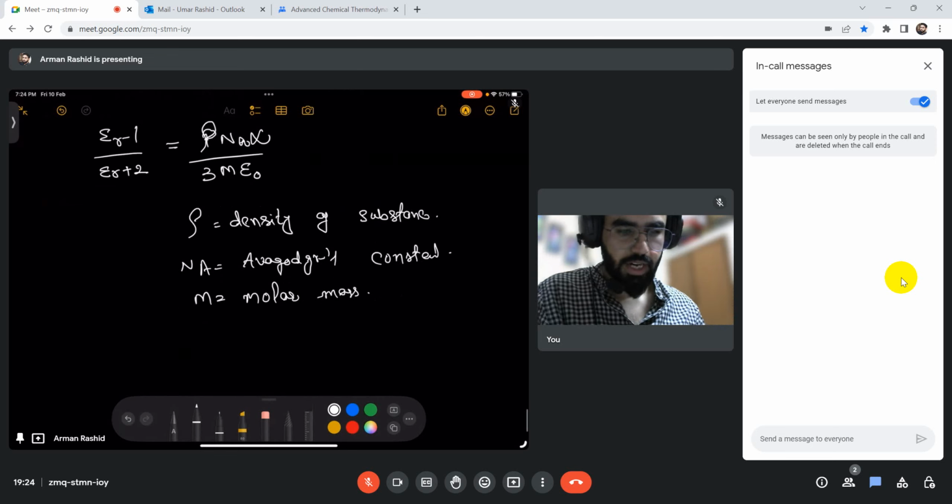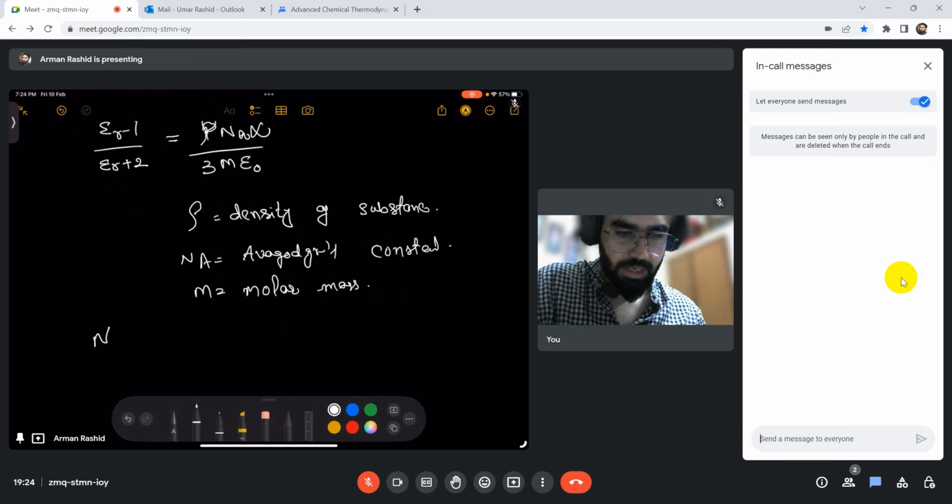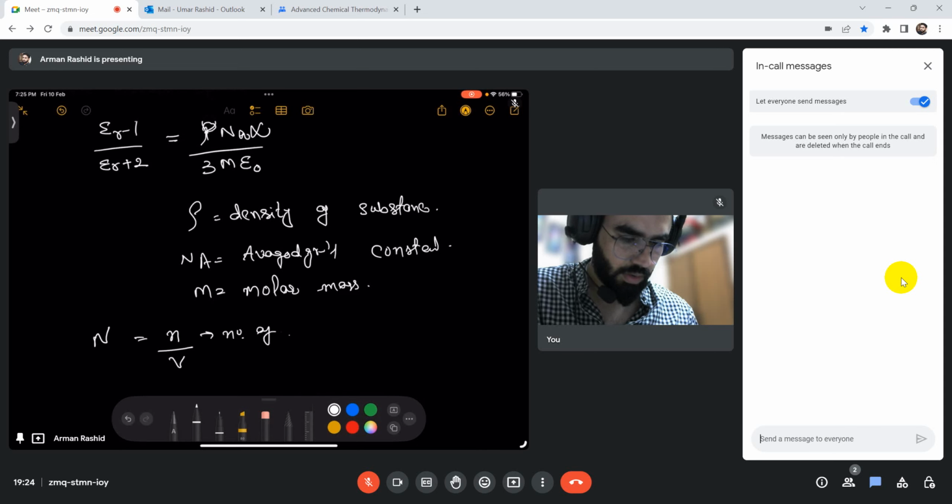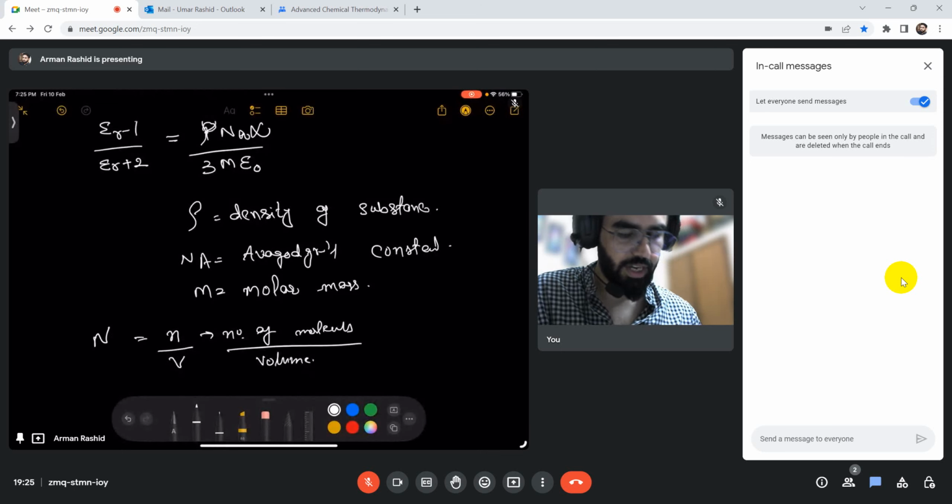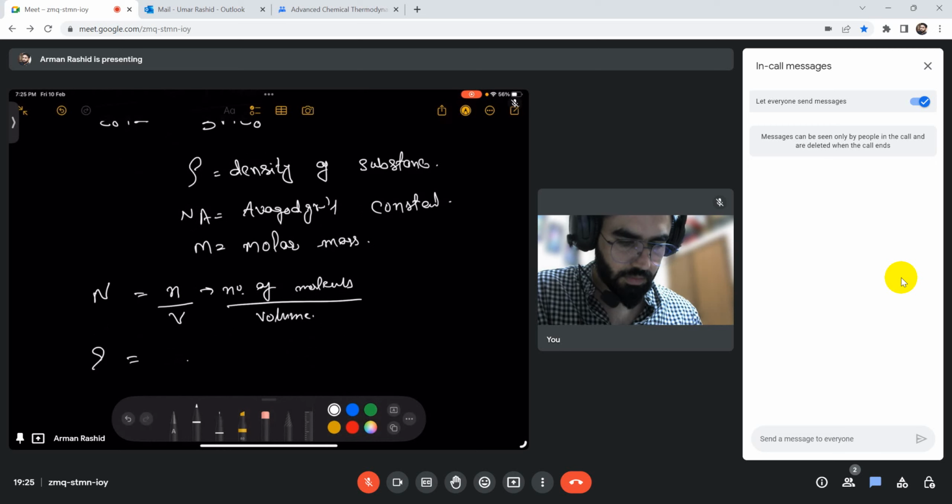We have to determine the number density n, because in the Clausius-Mossotti equation there is number density. It is the number of molecules per unit volume. Now the density rho is given by mass per unit volume.